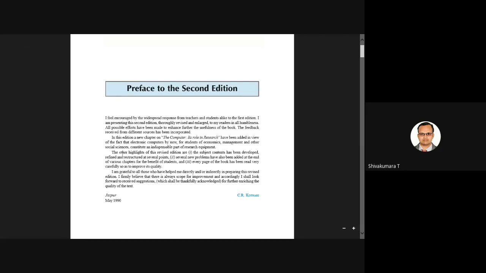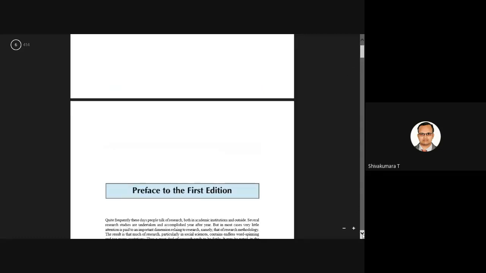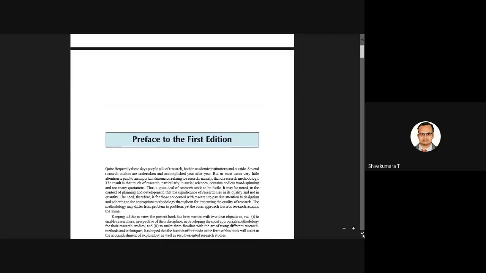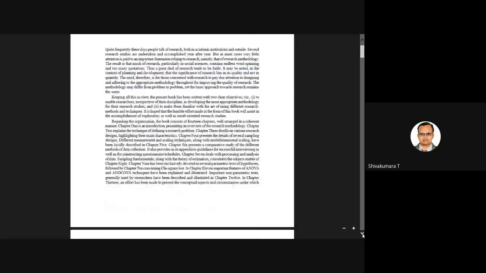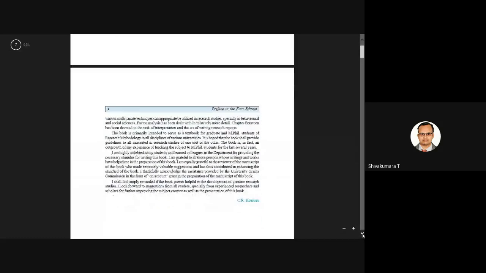Also the author has highlighted some points relevant to the second edition, and mentioned the place and date of writing of this preface. This is also called a preliminary page. The preface to the first edition, which was made earlier, is retained as it is. Again, it is a preliminary page for this book.